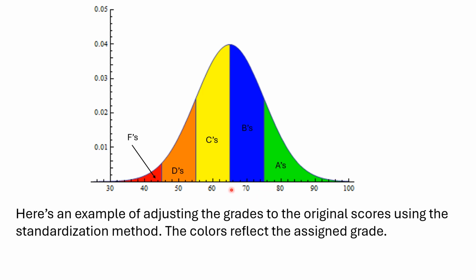The standard deviation is 10, so that means if the student scored 75 or greater, then they get an A. And then if they're between 0 and up to 1 standard deviation above the mean, then they get B's and C's and so on. So that's one way to grade on a curve.